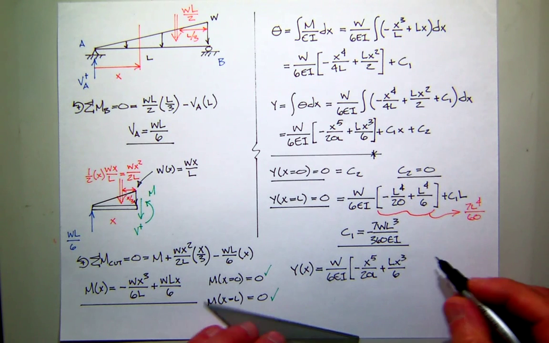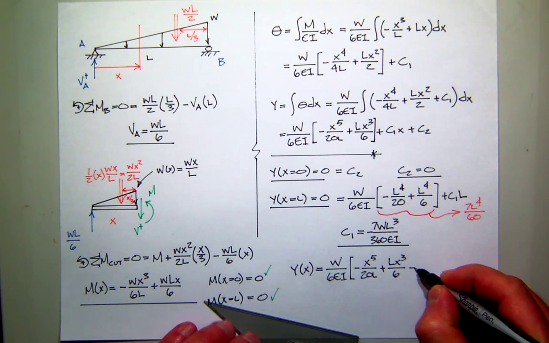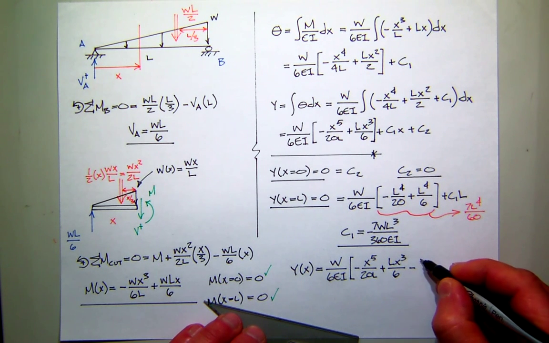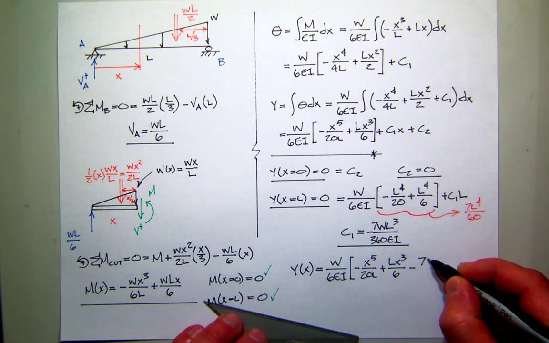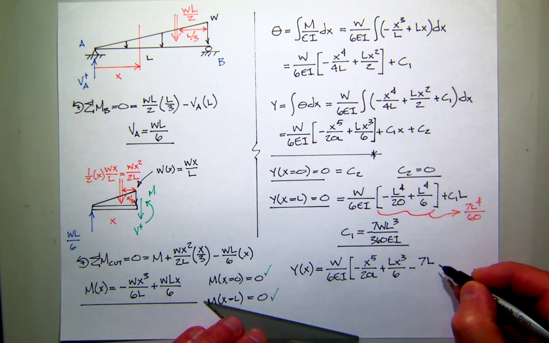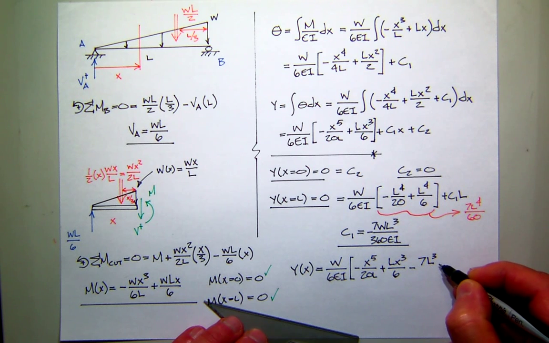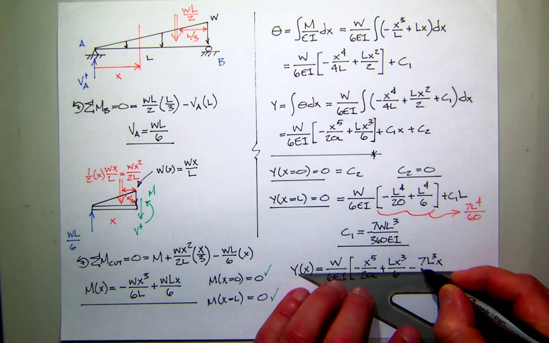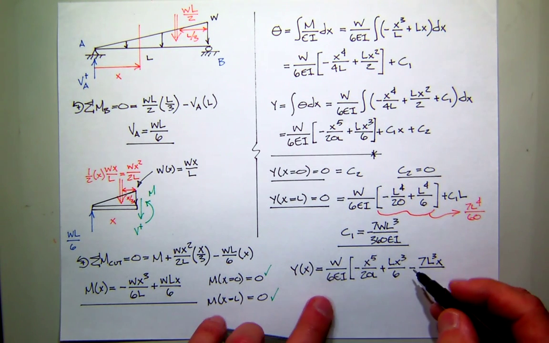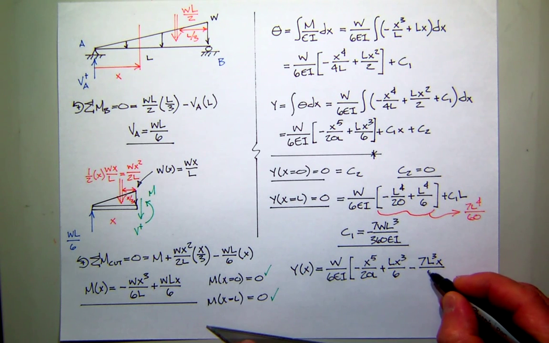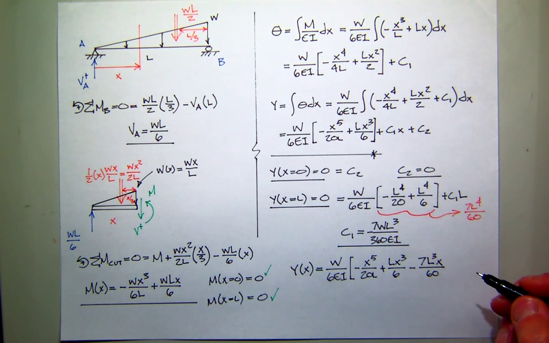And now I'm going to put this in, which is negative 7L cubed x divided by 60. Is that right?